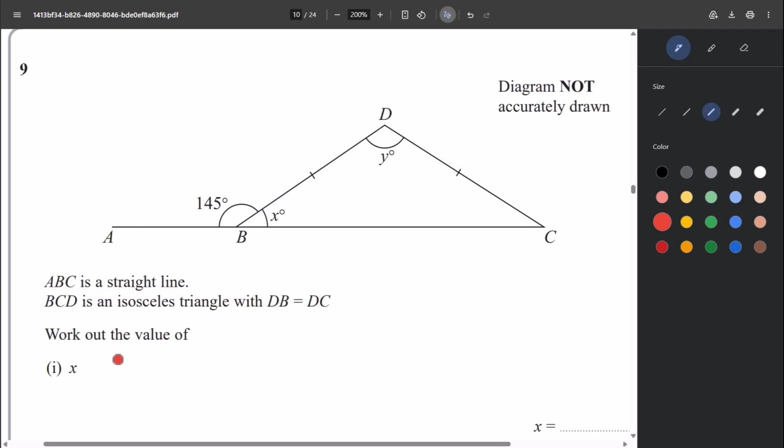So we need to work out the angle X. To get angle X, you do 180 and take away 145. That's 35. So the angle here definitely is 35, because this is the angle on a straight line.